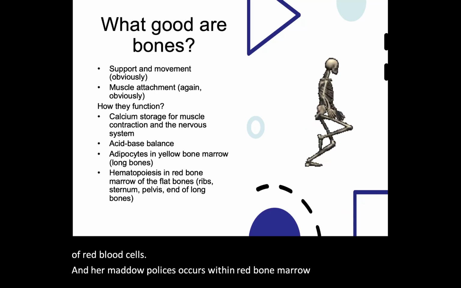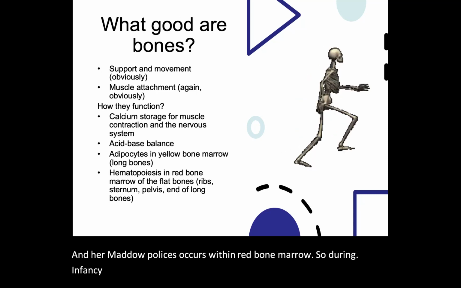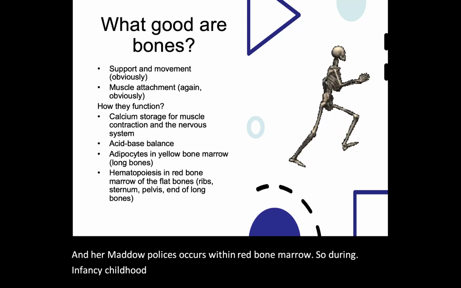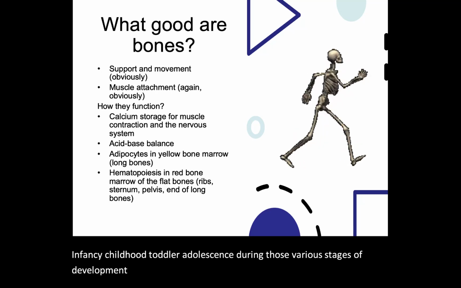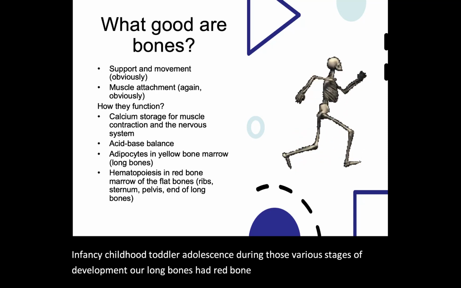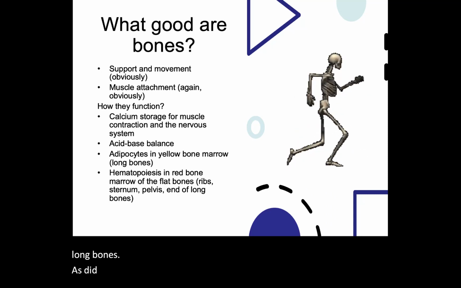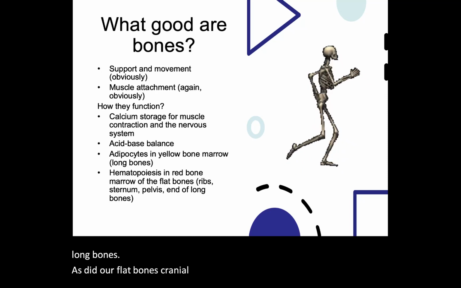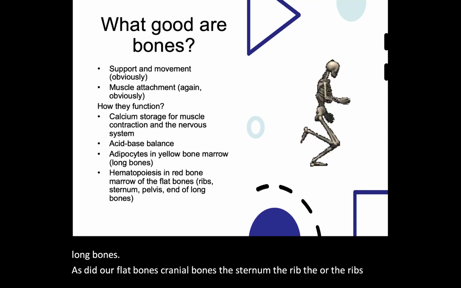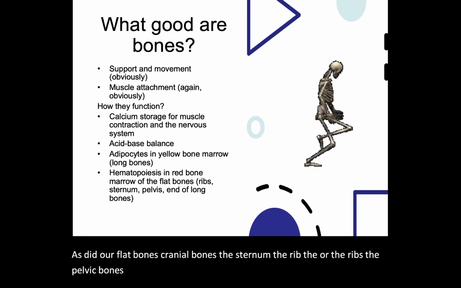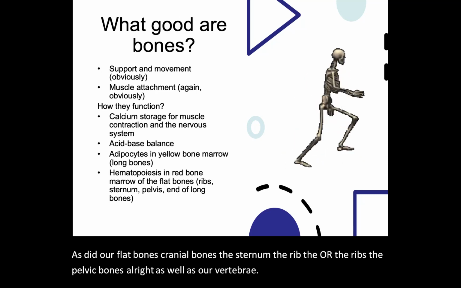During infancy, childhood, toddler years, adolescence, during those various stages of development, our long bones had red bone marrow, as did the ends of our long bones, as did our flat bones: the cranial bones, the sternum, the ribs, the pelvic bones, as well as our vertebrae, all contain red bone marrow.